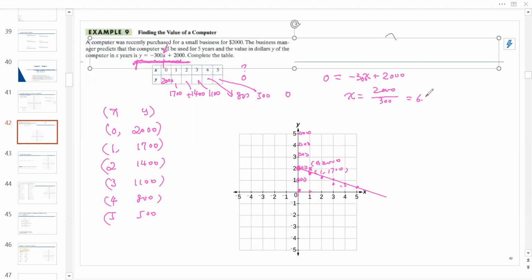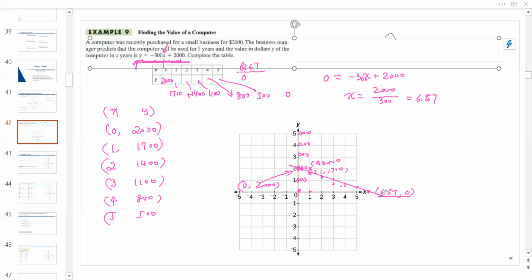So you got 6.67 years. So after 6.67 years, the computer will totally lose its value. So 6.67 should be right here, and y became 0. Actually it's this dot. And initially, at 0 years, your computer value will be $2,000.